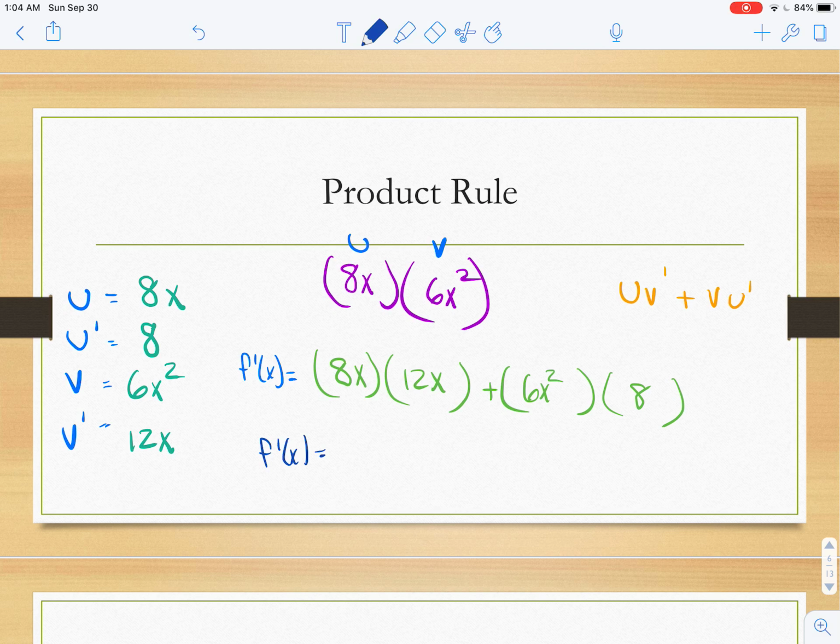So we have keep the first, derive the second, plus keep the second, derive the first. This is going to be the key idea for solving these. I'll just highlight this.